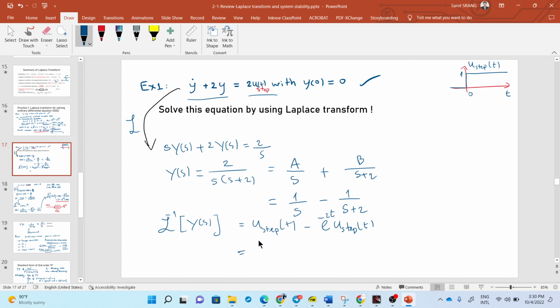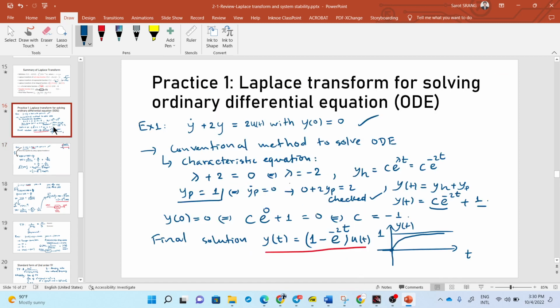Then you have 1 minus e to the minus 2t times the step function. So you get exactly the same as this, right?